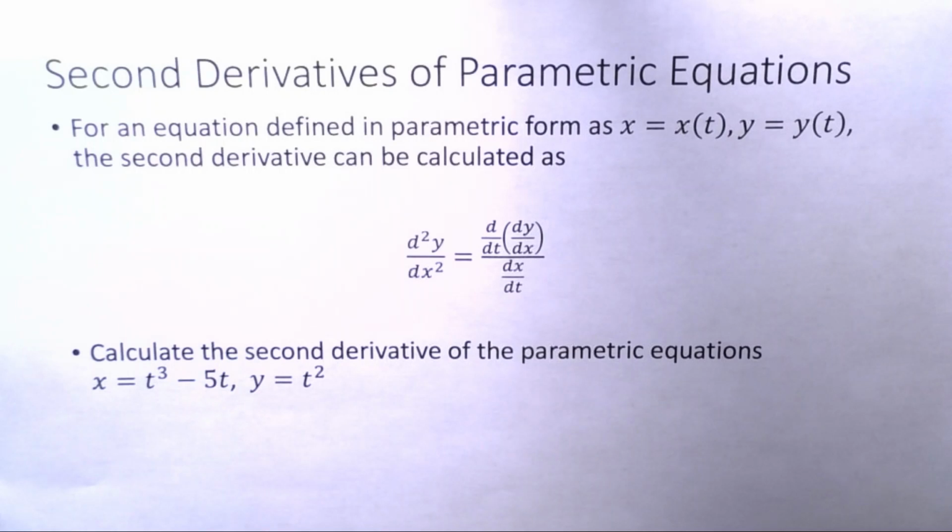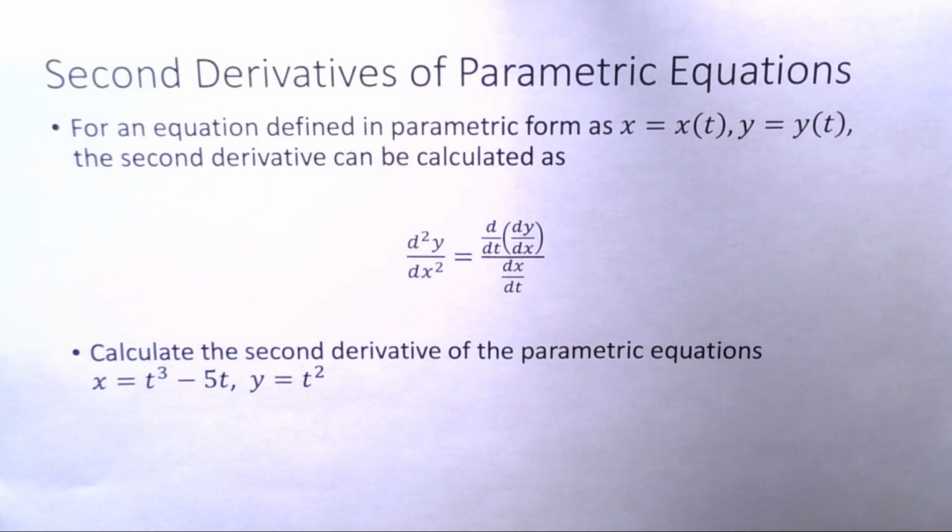For parametric equations, there is some similarity to the past. In Calculus 1, to calculate the second derivative of a function, you took the derivative of the first derivative. Now, we're going to do that. However, we note that when we're finding the second derivative with respect to x, our derivative is defined in terms of t.